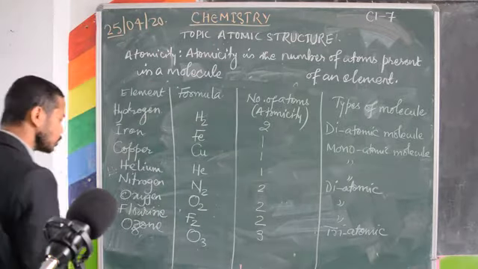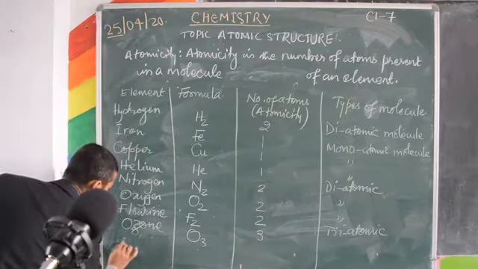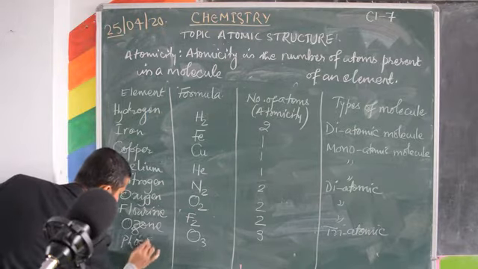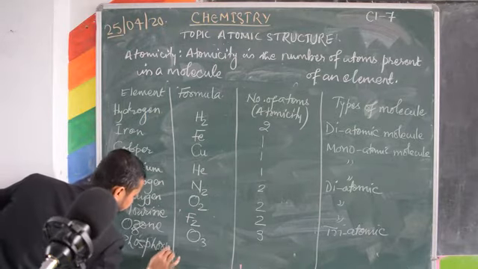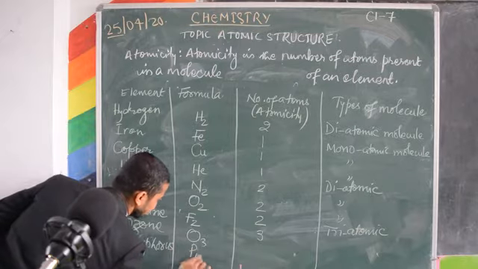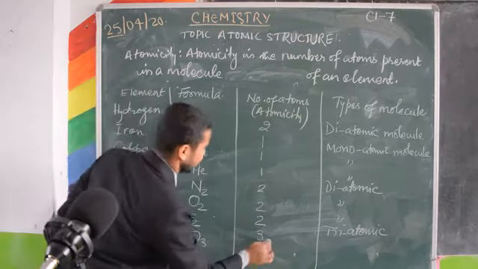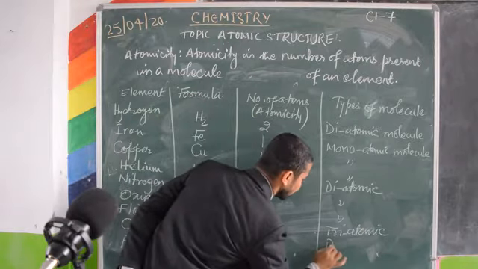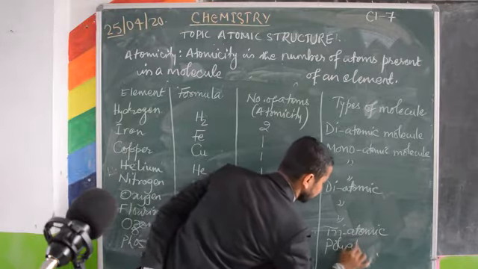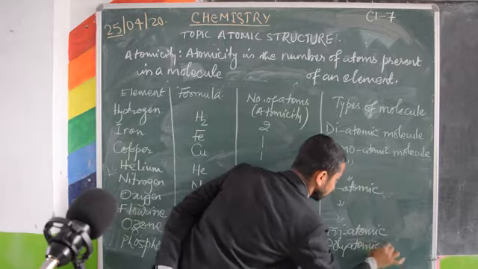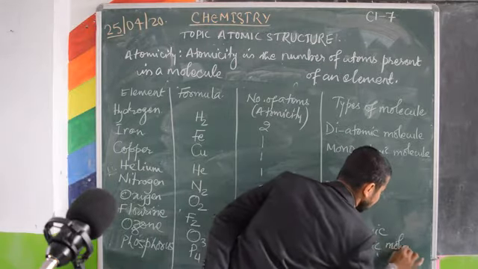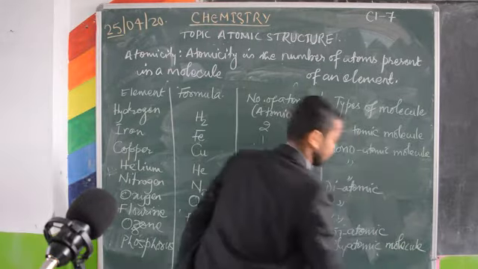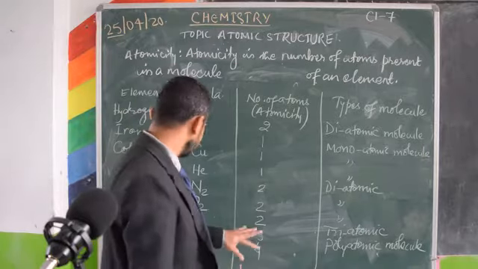Then comes phosphorus, P4, and atomicity 4. So this is poly, meaning more than three. So it is a polyatomic molecule.